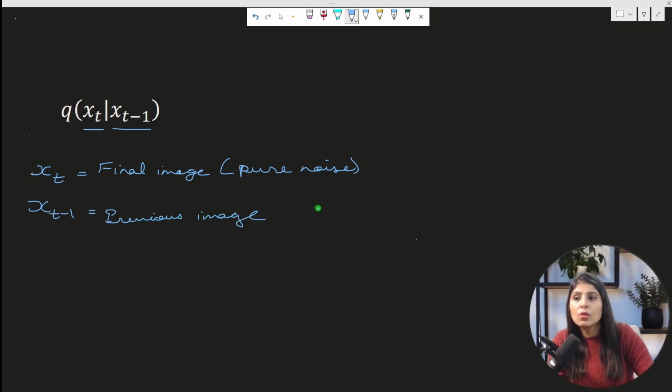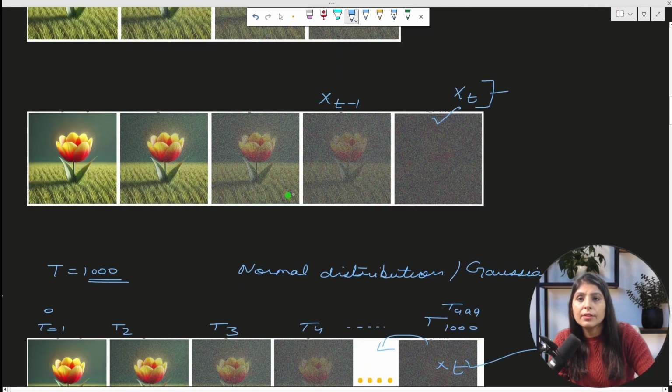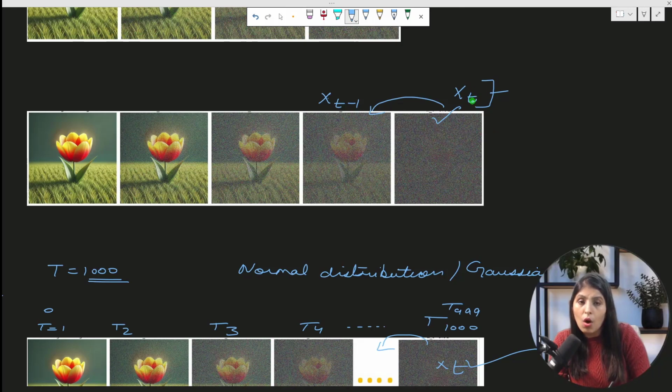If you see here, this is xt and this is xt minus 1, and you should always remember that xt will be more noisy as compared to xt minus 1. Let's understand this in more detail. Suppose this is time step 1, this is x2, the image at time step 2, and this is x3, the image at time step 3.